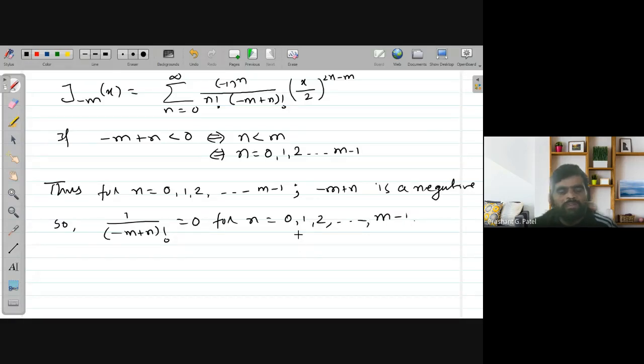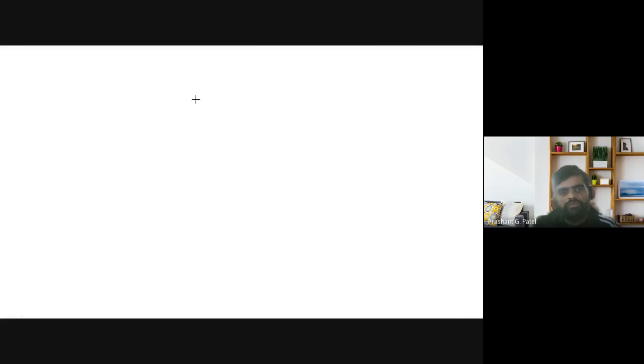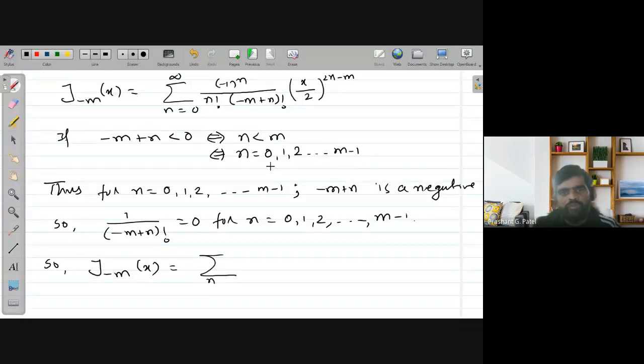This is the quantity you will have. Hence the Bessel's function for minus m will now start with n running from m to infinity, because the first m terms, from 0 to m minus 1, are all 0. So it is summation (-1)^n upon n factorial into (-m plus n) factorial into (x by 2) power 2n minus m.